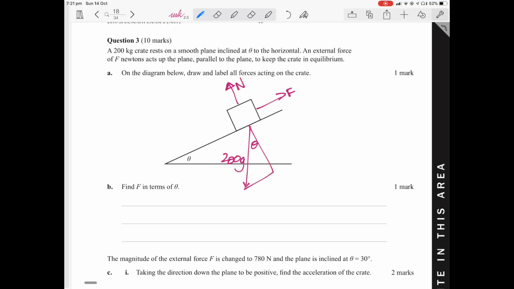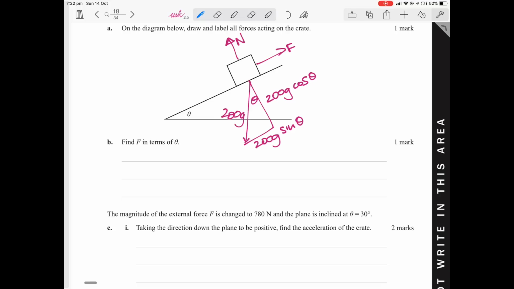Okay, so this side is going to be 200 g cos theta, and this is going to be 200 g sine theta. Find F in terms of theta. So if it's in equilibrium, F minus, well, we can just write the answer. It's just going to be 200 g sine theta.